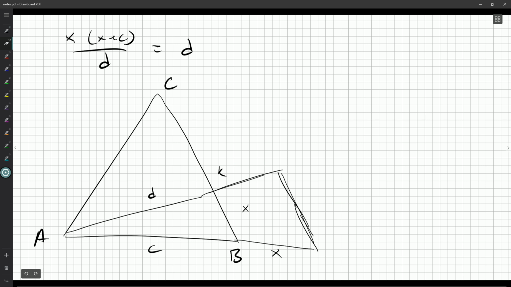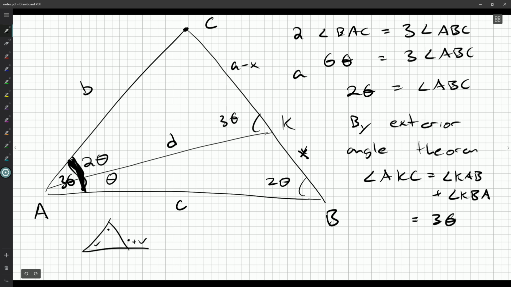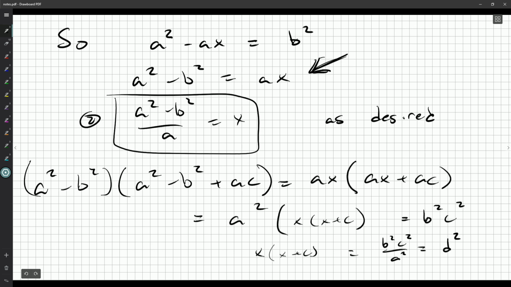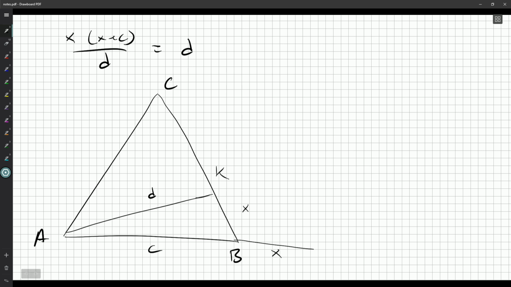Yeah, we might. So, is there a better way to do this? Is there another? And maybe I'm not supposed to be extending this x here. I mean, it certainly didn't help me when I did it as a thought experiment back here. You know, I thought maybe I could extend down here. Maybe I'm looking at the wrong thing. What do we know? We know that this is 2 theta here, and this is theta. This was 3 theta, this is 2 theta as well.